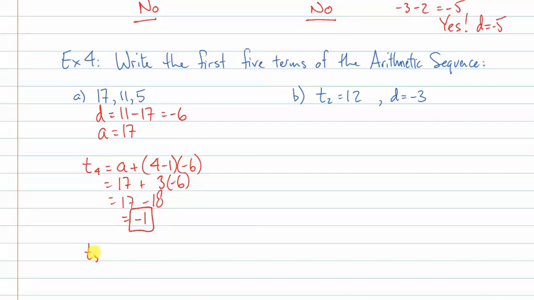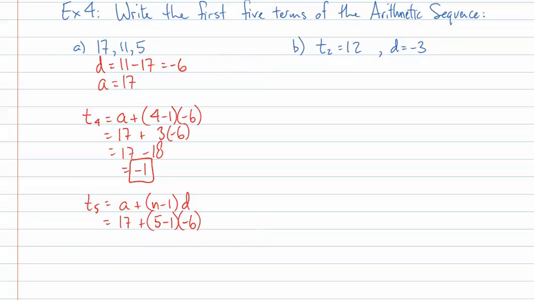My fifth term is the first term and n minus 1 differences. First term being 17, n being 5 minus 1, so 4 sets of negative 6. And that's going to be 17 plus 4 times negative 6, 17 minus 24, or the number negative 7.